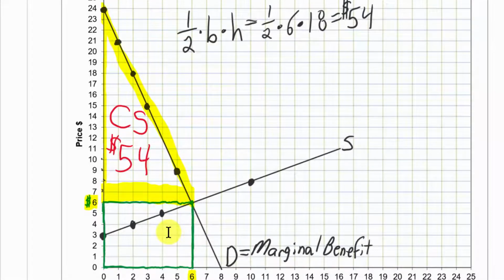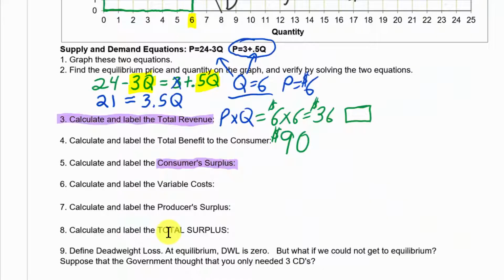So the total revenue down here is 36, and the consumer surplus is 54, for a total of 90, the total benefit, the most this consumer was willing to pay. So let's label that there. $54 in consumer surplus, which we calculated as 1/2 times the base times the height.